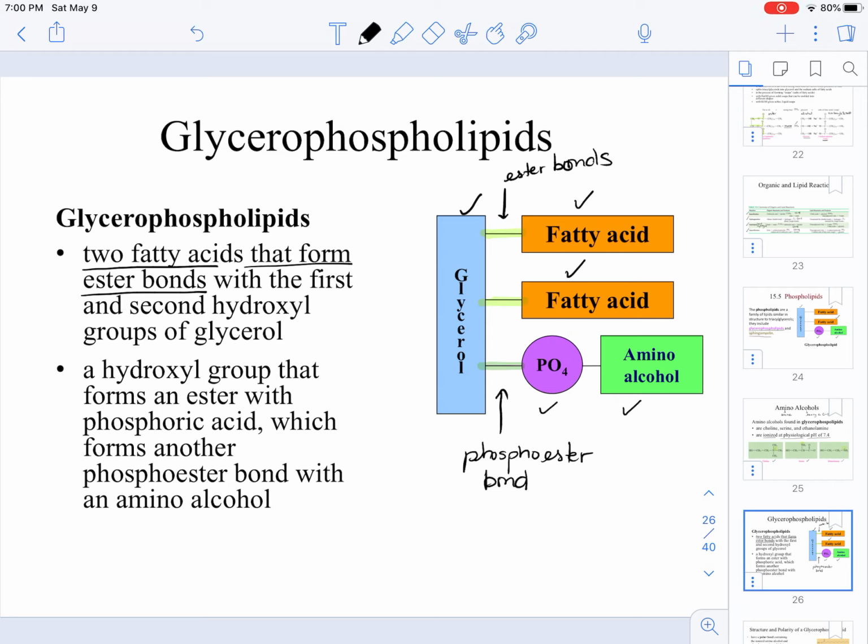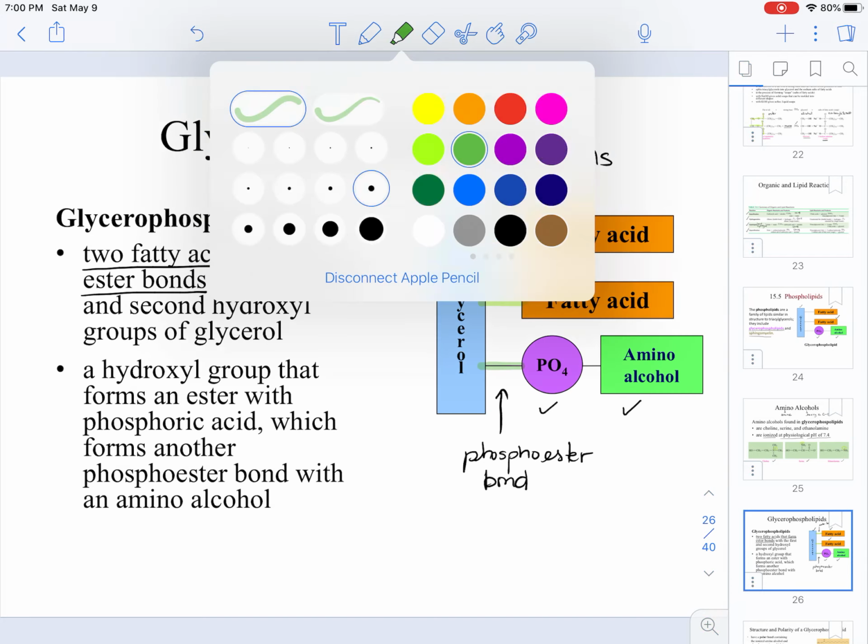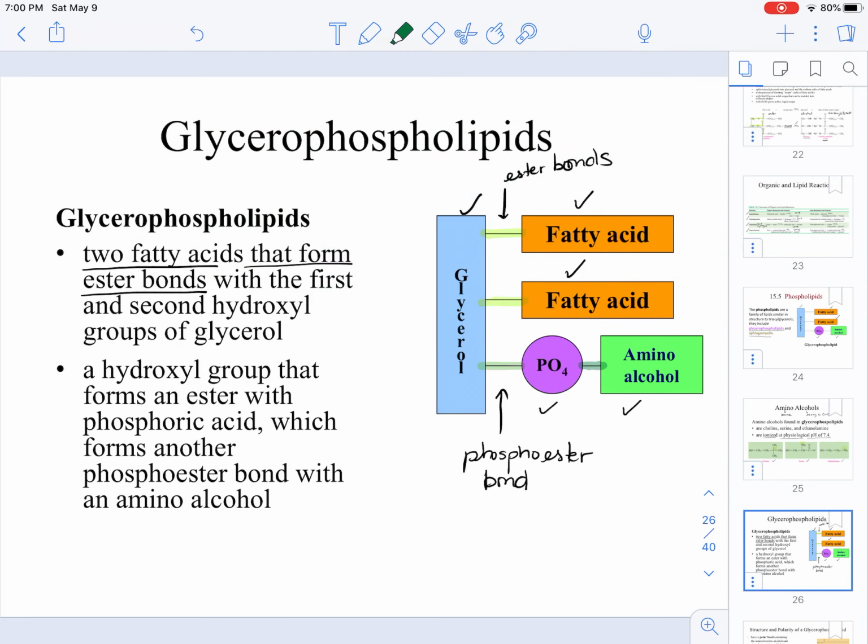And then that is going to be linked to the amino alcohol, specifically through the OH group in the amino alcohol, okay?